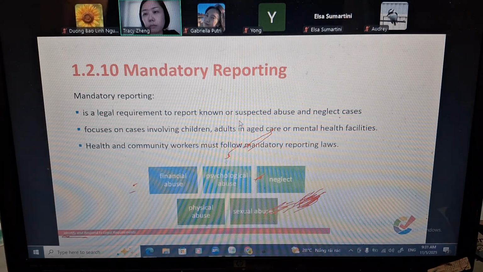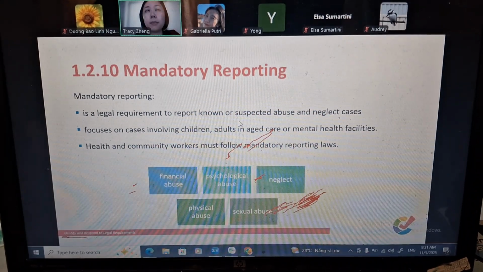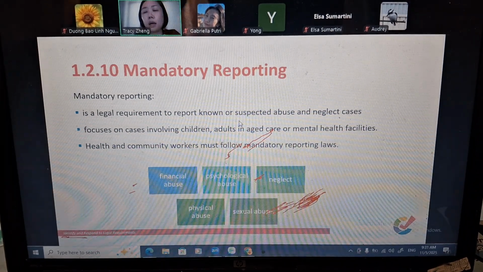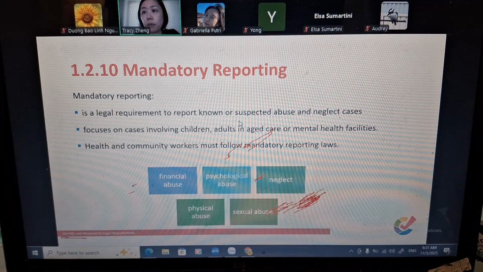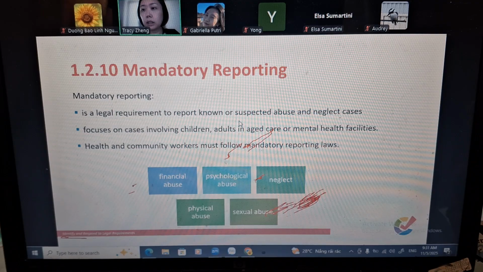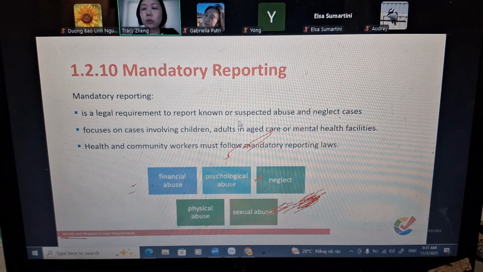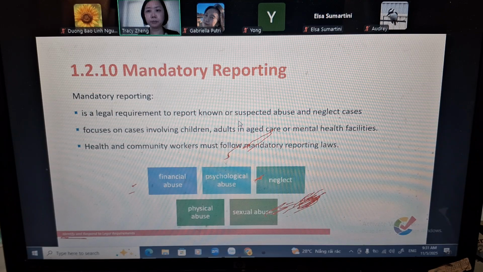I'm not sure if you guys are aware, even teachers working in the school or working for early childhood also hold this responsibility to report any child abuse, right? Same as us, we do need to report it, not only elder abuse, if there's any child abuse, we also need to report it, okay?